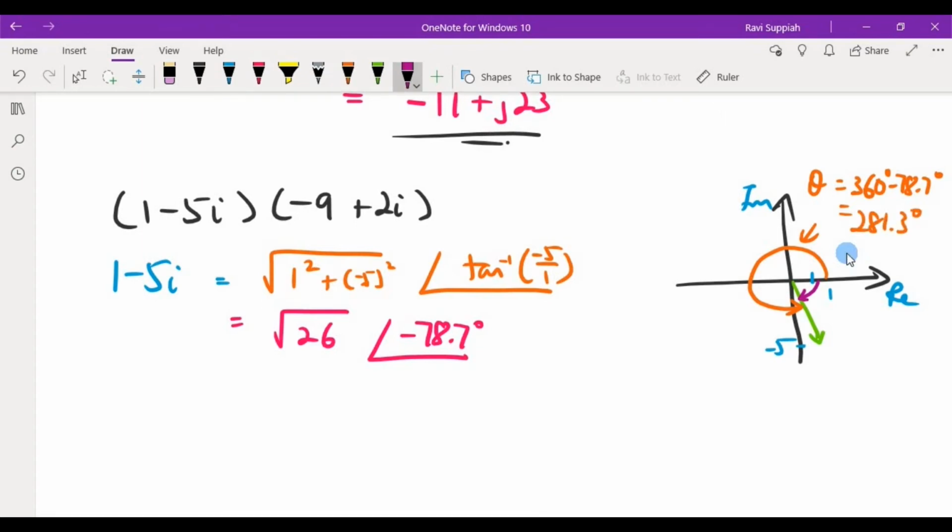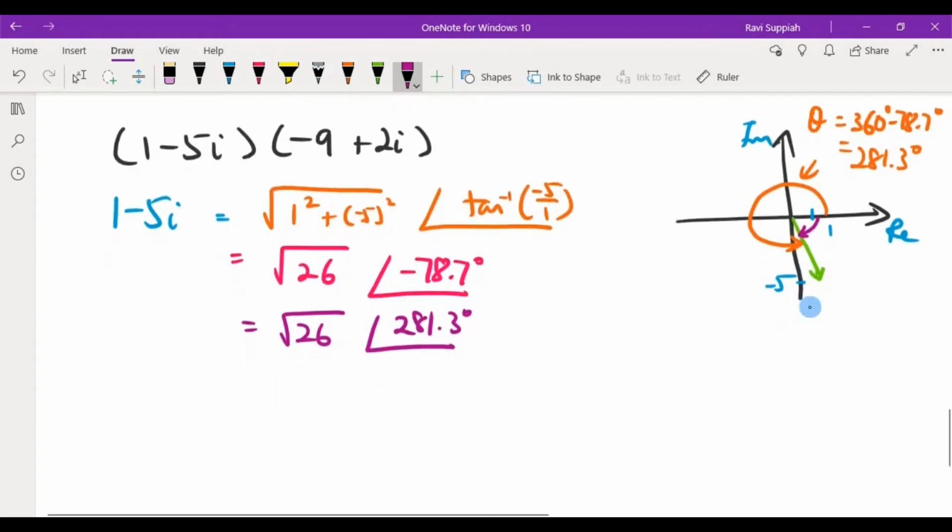Alright, so here I need to rewrite the angle as angle 281.3 degrees. Again, this is based on analyzing in which quadrant each complex number is going to be. Okay, so let's look at the second complex number.